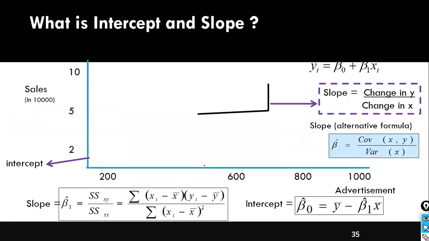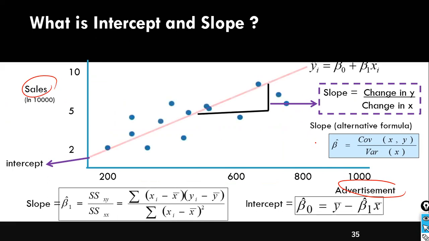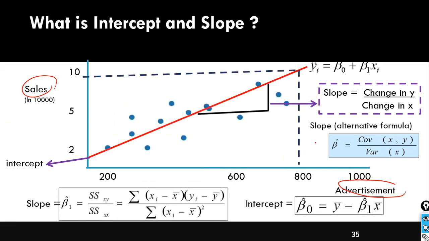If you see on the x-axis, we have plotted a variable called advertisement, and on the y-axis a variable called sales. If I spend more money on advertisement, obviously you can expect more sales. Unless your product is visible to the public, how can you market it?